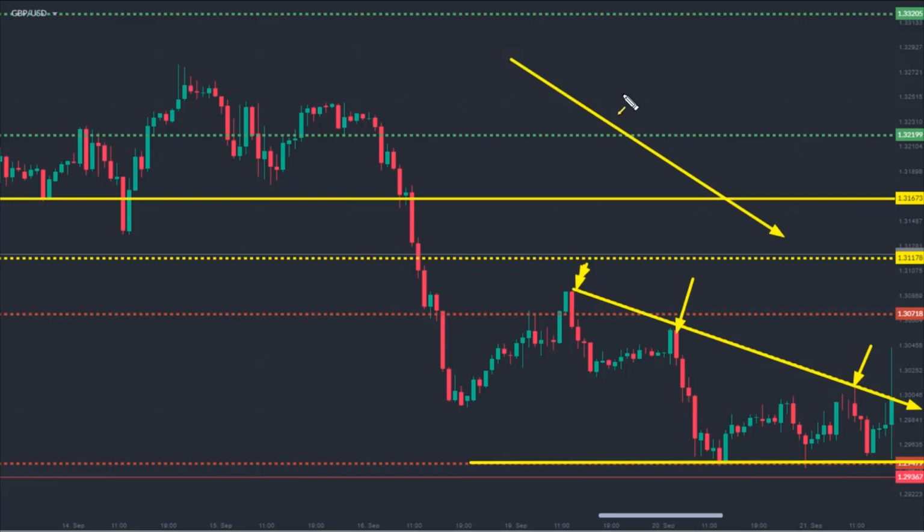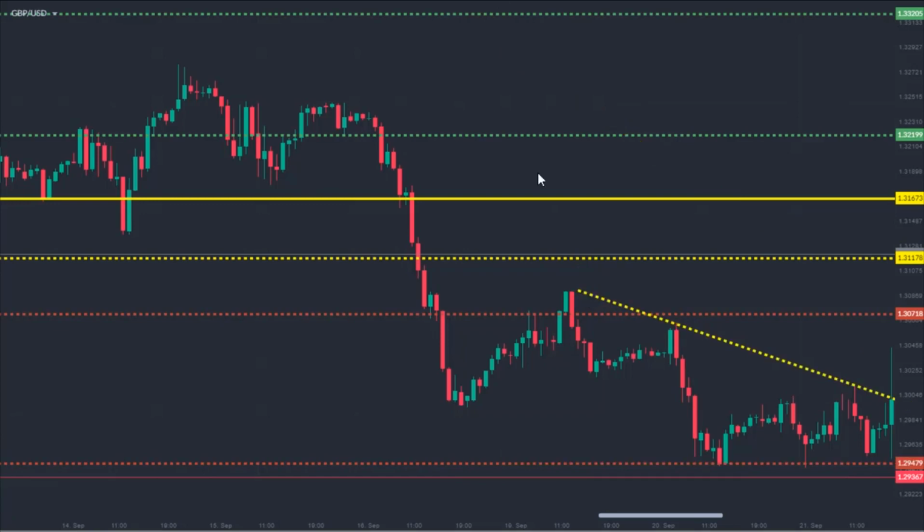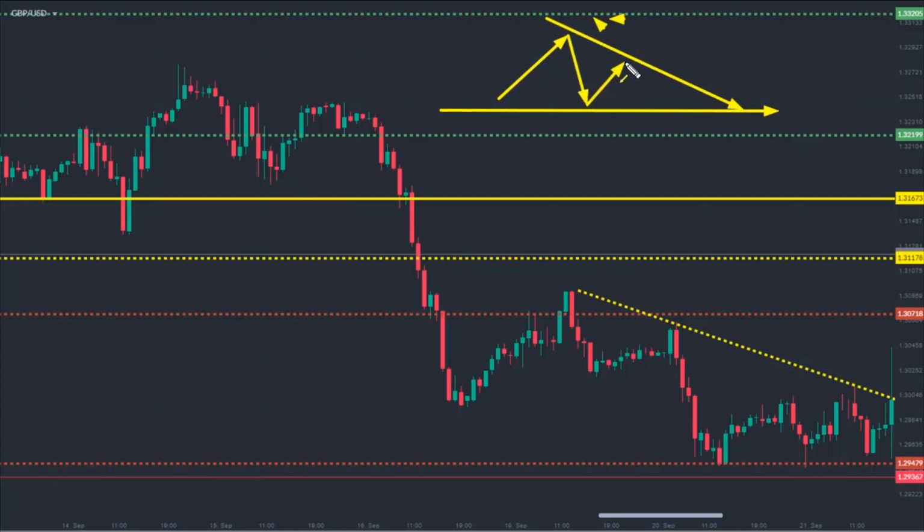Okay guys, for your information, the descending triangle patterns are very likely to break downward, because this is how it works. First of all, this is representing a bearish sentiment of investors. As you can see here, the market is going higher, falls down, going higher, falls down.